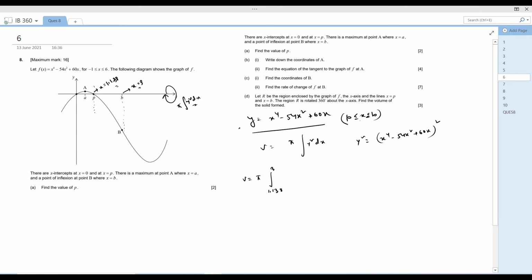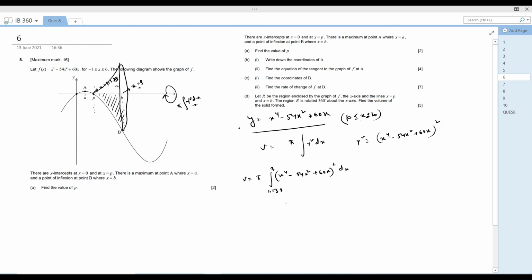So it will revolve around in this way and form this type of shape. So this is x to the power 4 minus 54 x square plus 60x whole square dx.